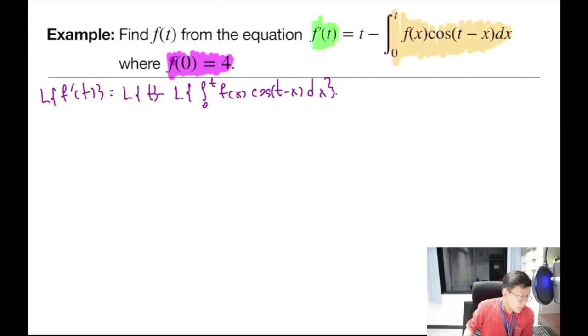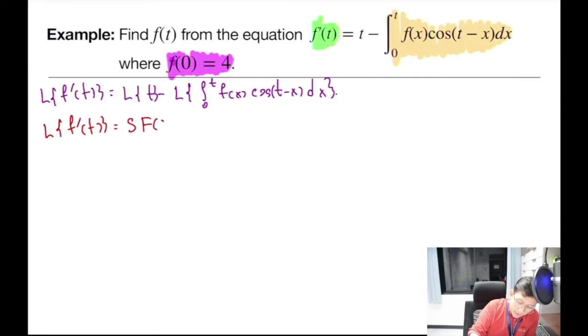Okay, the Laplace transform of f prime(t), that is simple, isn't it? What is it, guys? I hope you already remember how to find the Laplace transform of f prime(t). If you don't, you have the formula in the exam, so don't worry about that. It will be s F(s) minus f(0).